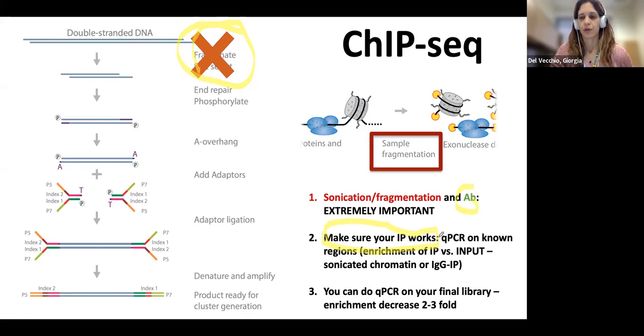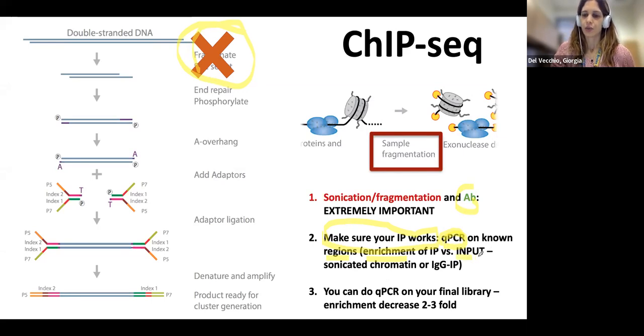So good practice is to perform a qPCR on known regions that we expect to be enriched after the immunoprecipitation as a positive control. So just check if the enrichment happened, okay?